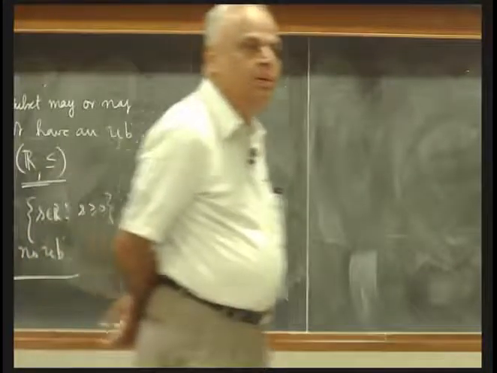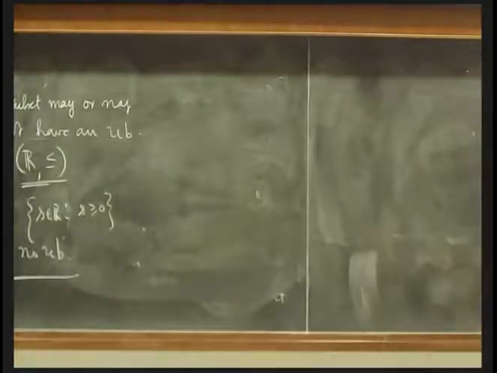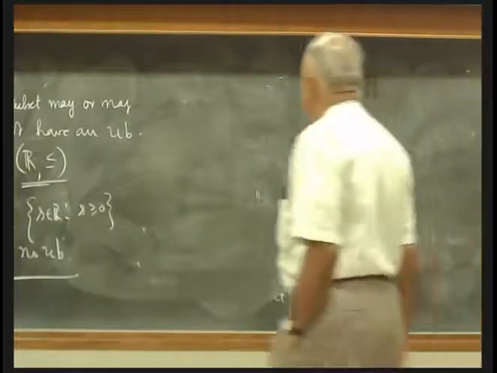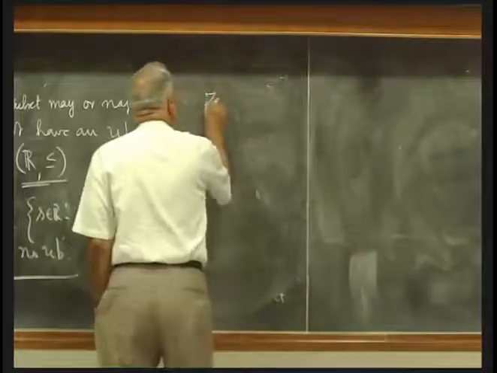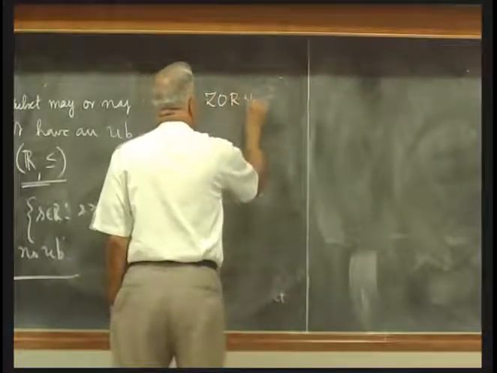Which are the special types of subsets? Chains. So, Zorn's lemma says that if in a poset every chain has an upper bound, then the poset will have a maximum. So, let me state it. This is very fundamental.